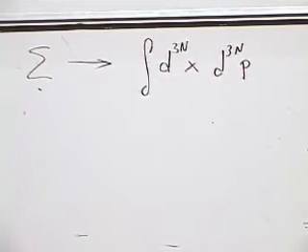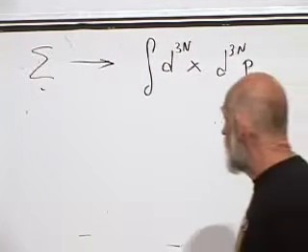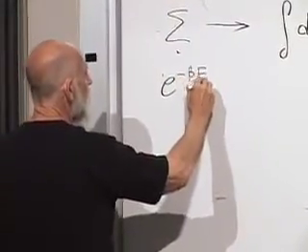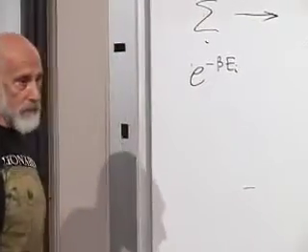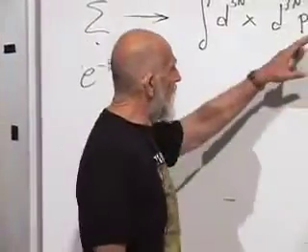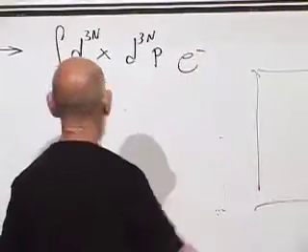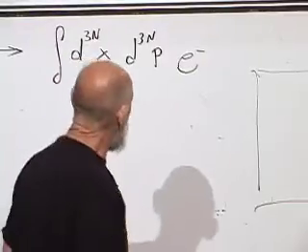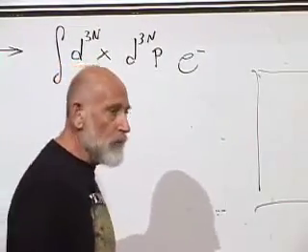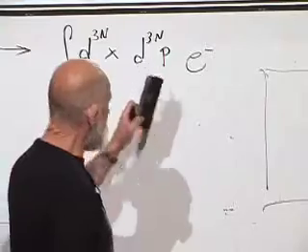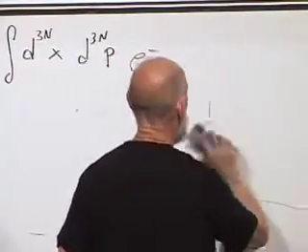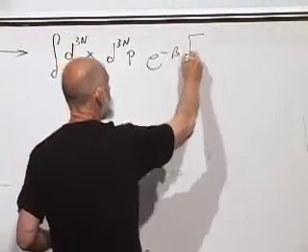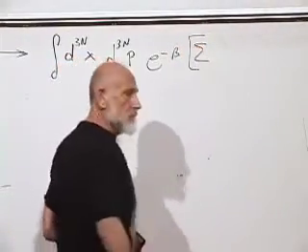That replaces the sum. Now, what do I sum? Normally I sum e to the minus beta times the energy of the ith level. Instead, we're going to have e to the minus beta times the energy, but not the energy of the ith level, but the energy of a state with particles at position x and momentum p. So what do we write here? The energy is the sum over all the particles in the system.